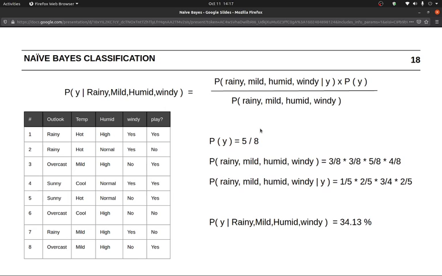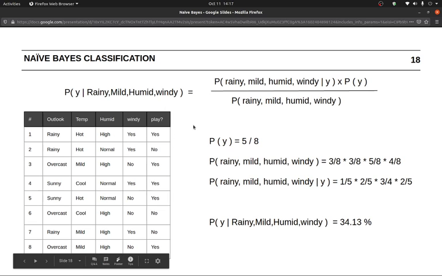Now we have all our inputs required to answer the question: what is the probability that we would play given the day is rainy, mild, humid and windy? Hence we arrive at our answer, 34.13. And this is how naive Bayes would calculate probabilities for each of the classes.